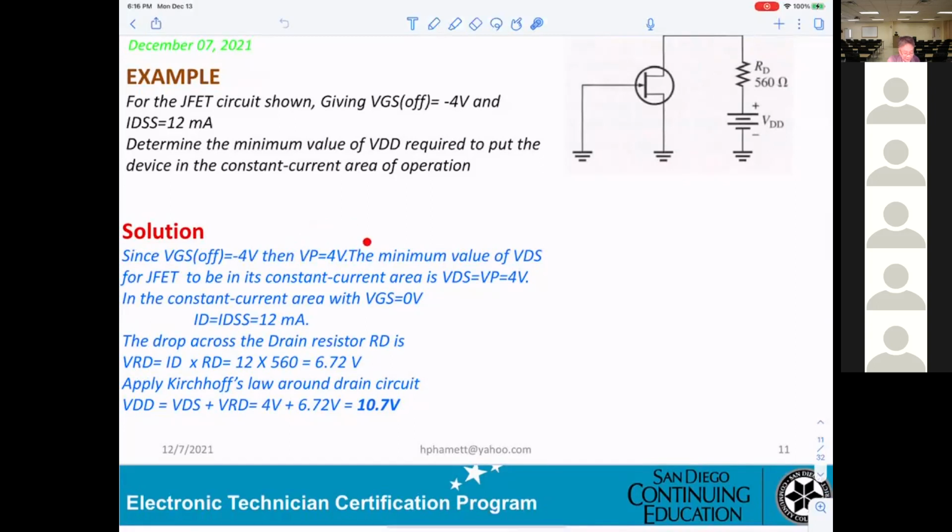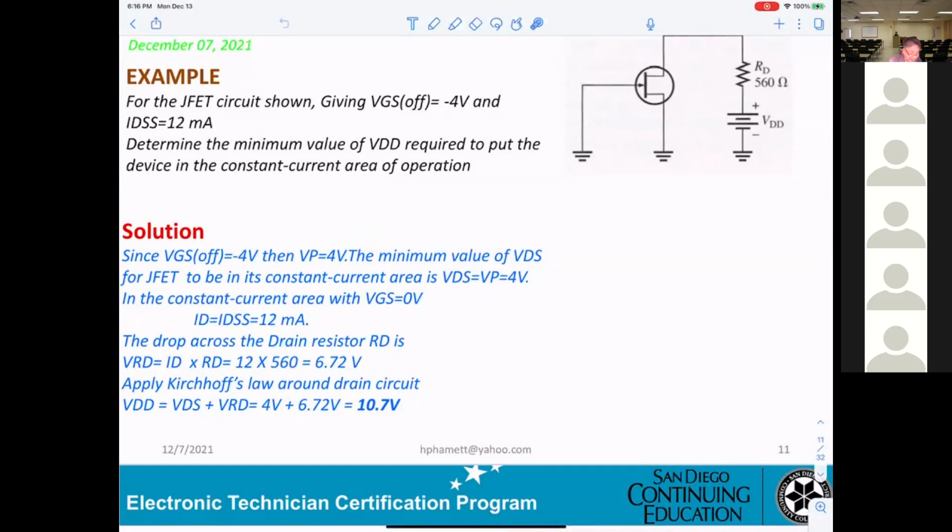The minimum value of VDS for the JFET to be in its constant current area means VDS must be equal to VP, equal 4 volt.